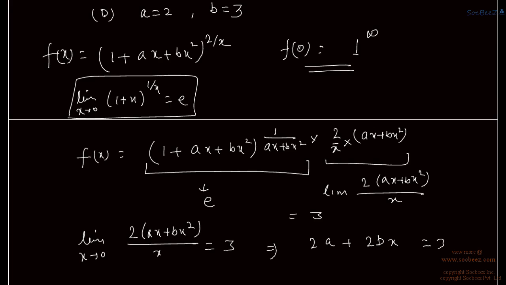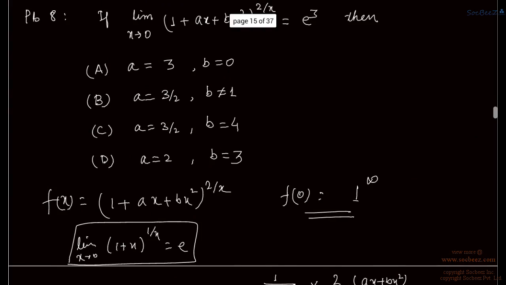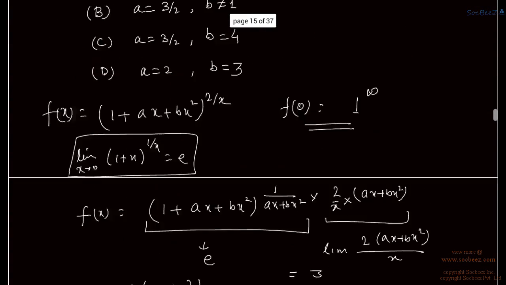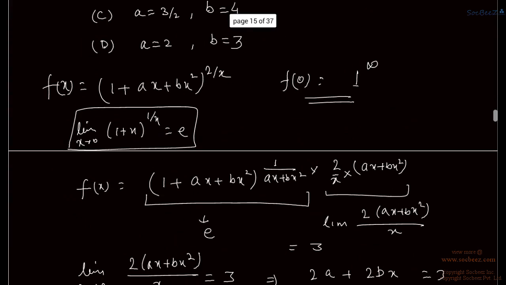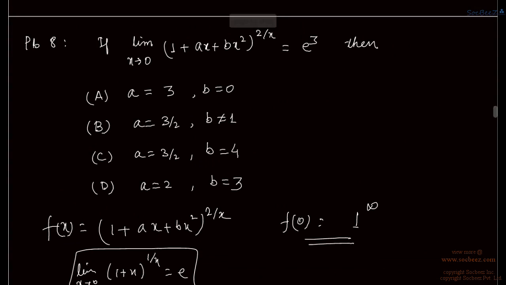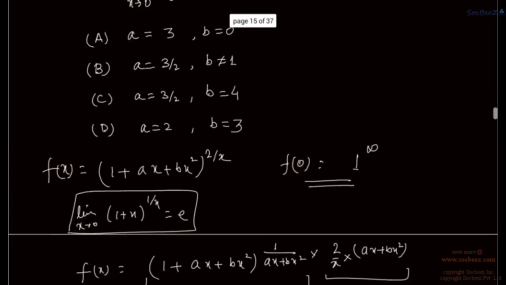So we have a as 3 by 2, and b is, say, b is equal to b. Here it is given b not equal to 1, and there is an option b is equal to 4.